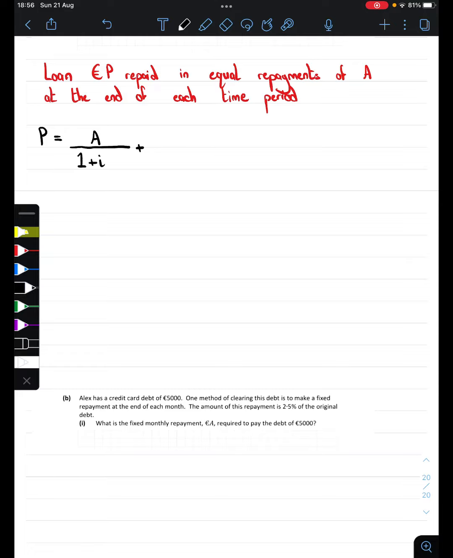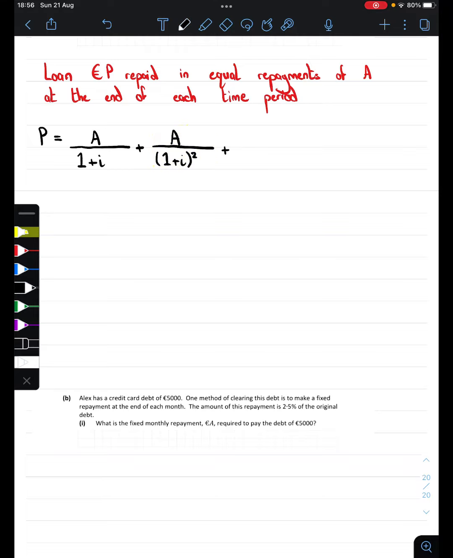And then the second repayment, again, we're giving them A, but that's not worth A to them. It's worth A over 1 plus the interest rate squared. So this is what this repayment of A is worth to them.